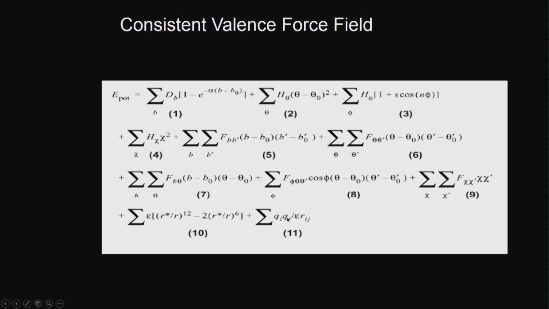And then of course this is your electrostatic and this is the Lennard-Jones. So, CVFF uses many cross terms as you can see here. Obviously you need extra parameters, which you require if you are going to use cross terms. This is called the CVFF force field.